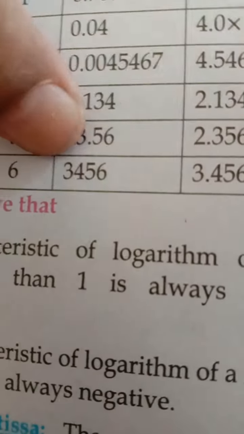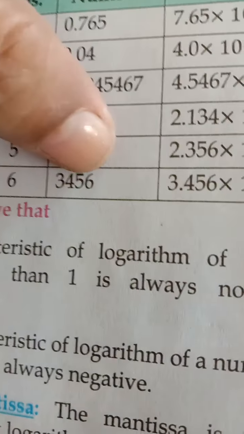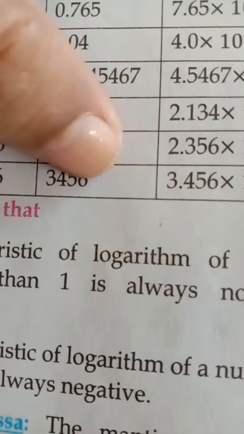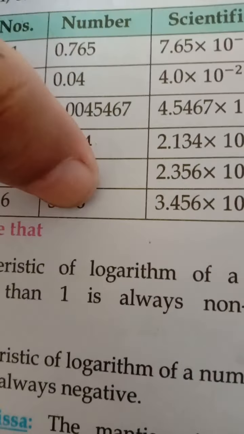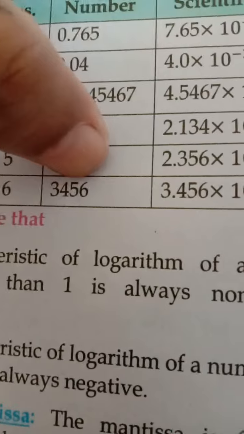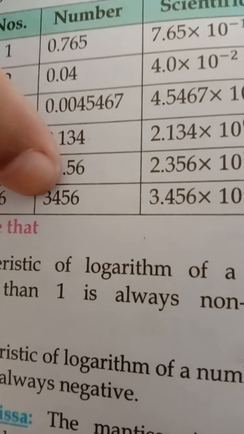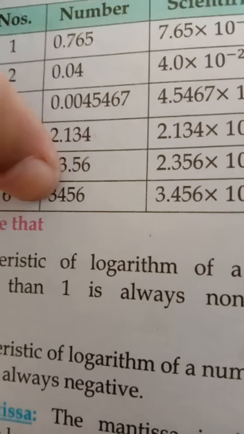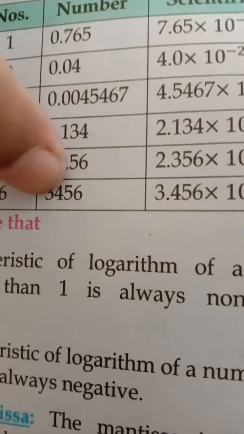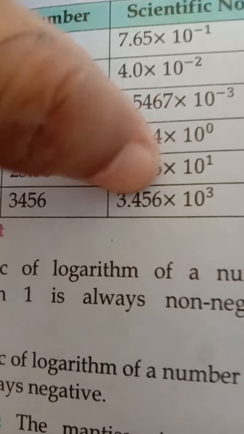Now we have the number 3456. The decimal point is given in the last, after the last digit. So whenever we are writing the number less than 10 but greater than 1, the decimal point should be here in between 3 and 4. So you can see here 3.456.